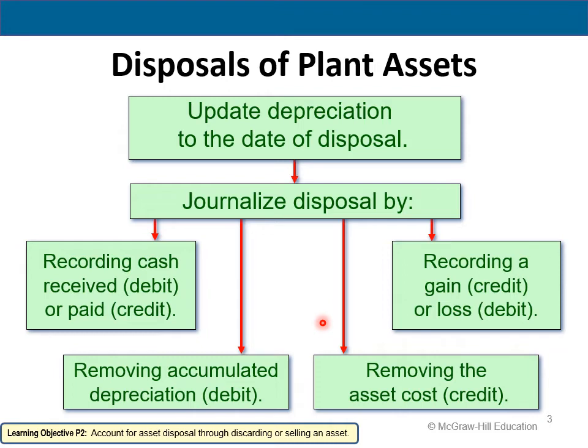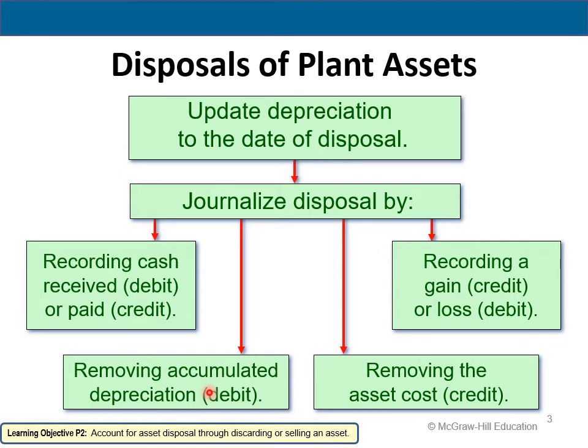So when you dispose of an asset, you have to remove the asset's cost. Now that's going to have a debit balance, so you'll credit that account because we're zeroing it out, and remove the accumulated depreciation, which would have a credit balance, so we debit to zero that out.